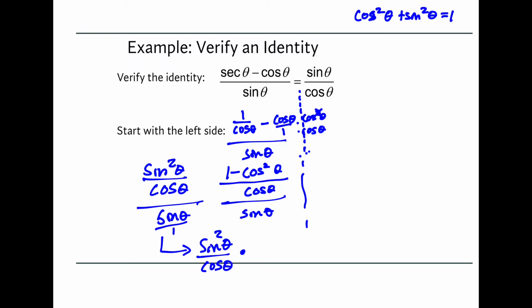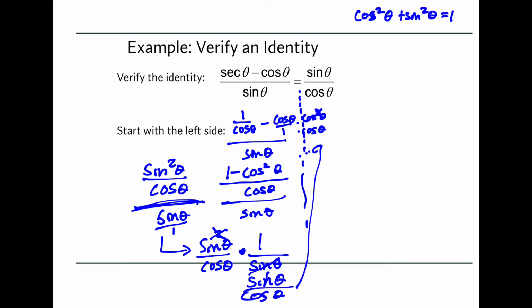So for dividing, it's the same as multiplying by the reciprocal. So 1 over sine theta. And this sine will cancel with one of those two sines. That leaves me with sine theta over cosine theta, which is what I was after here. I wanted sine theta over cosine theta for my final answer. So I verified this identity.